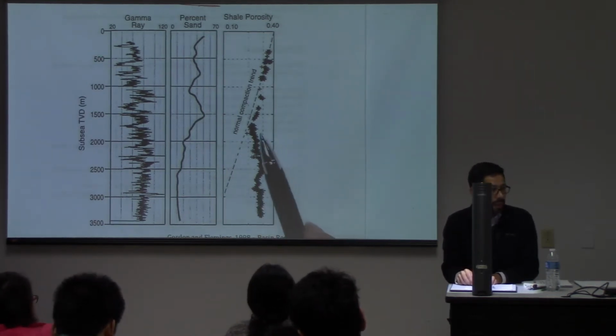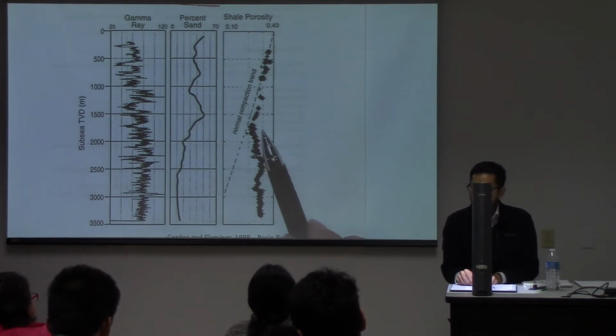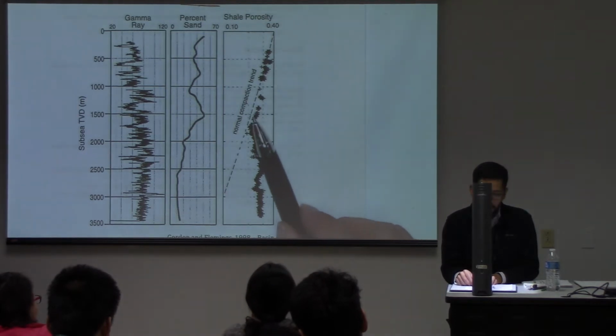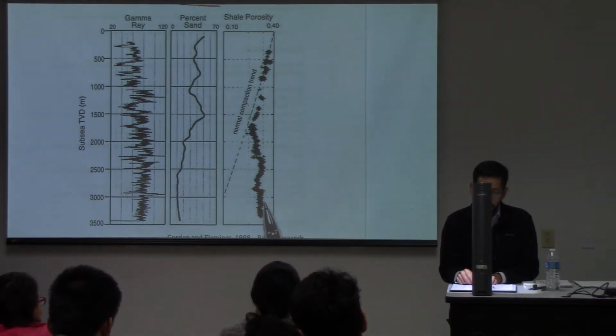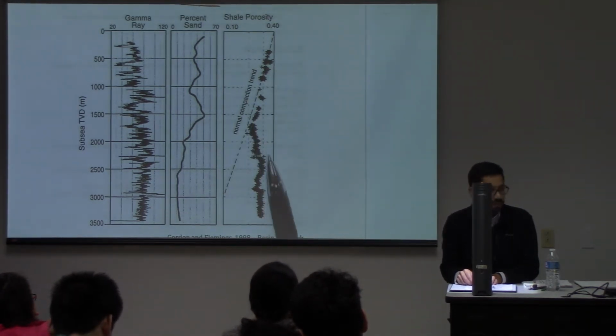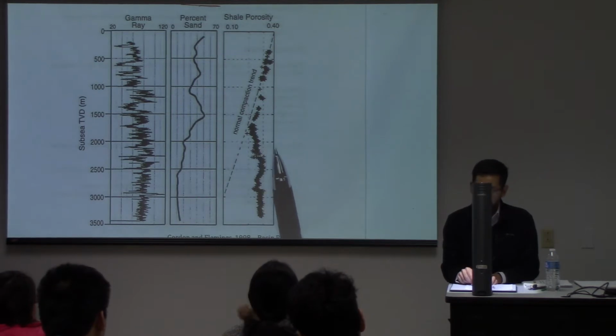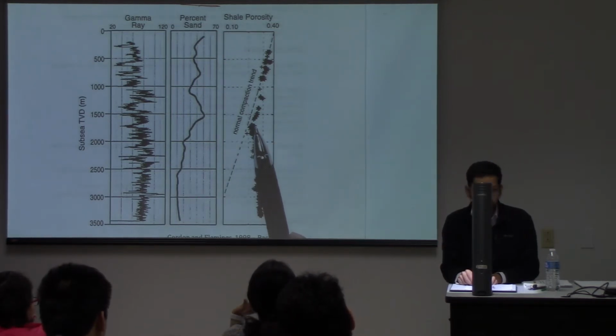But look, here the actual measurements of porosity show that the porosity starts to decrease, but at some point it doesn't follow what we call a normal compaction trend. That's something we're going to discuss a little bit today, and it's related to the constitutive model.